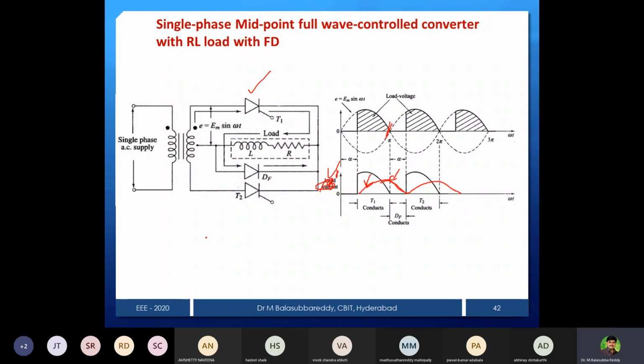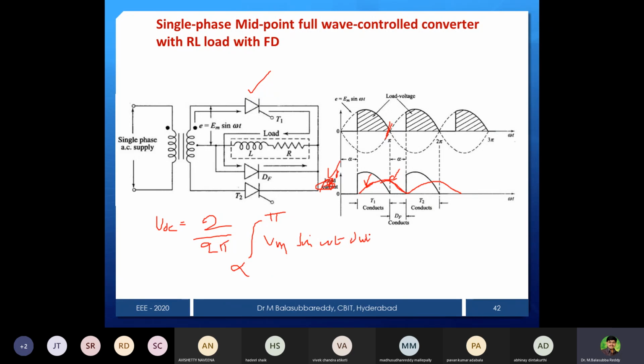Now what expression can we derive? I want to derive VDC. It is the same as that of the R load, because there are 2 pulses in one full cycle, so 2 by 2 pi, and just integrate from alpha to pi the output Vm sine omega t d omega t.